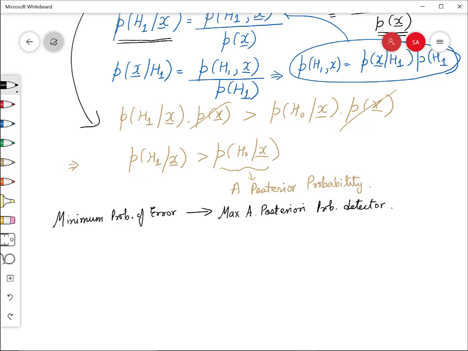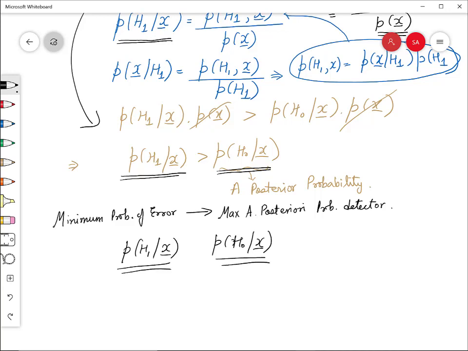What it says is that you figure out the a posteriori probabilities, probability of h1 given x, and find out the probability of h0 given x. The one which is higher, you choose that particular hypothesis. Okay, so choose h1 if probability of h1 given x is greater than probability of h0 given x, and this is called a MAP detector.